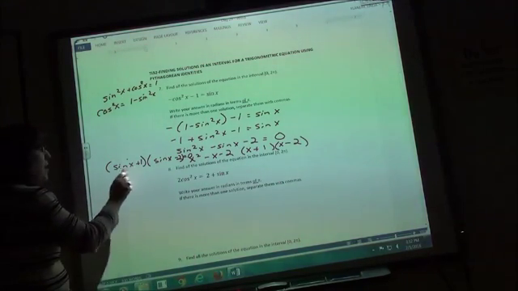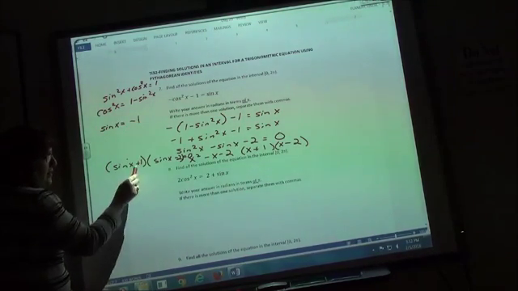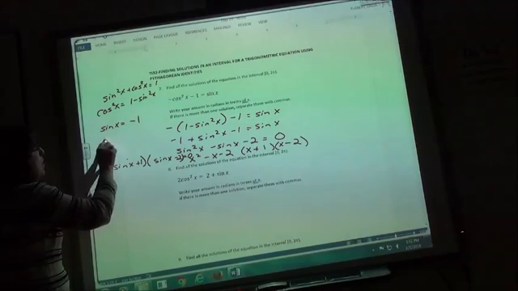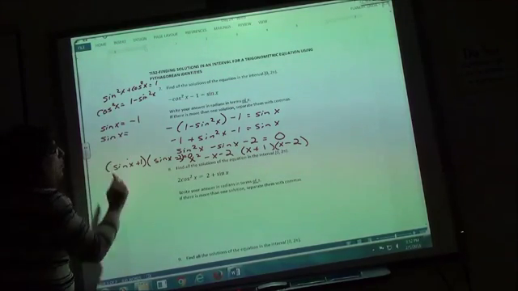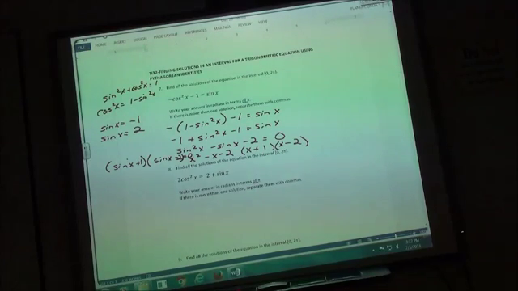So either I'm looking for the sine of x equals minus 1, because I'd have to move that over, or the sine of x equals, and that would change to a positive 2. So I'm looking for the values where the sine of x equals negative 1 or positive 2. I'm going to grab my table, which I hid.